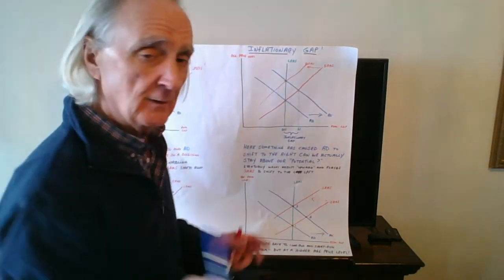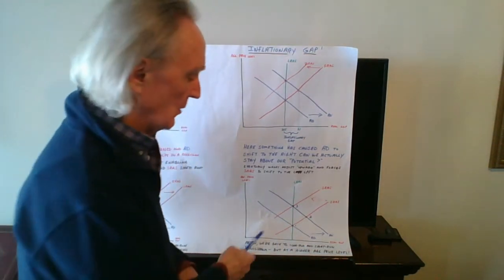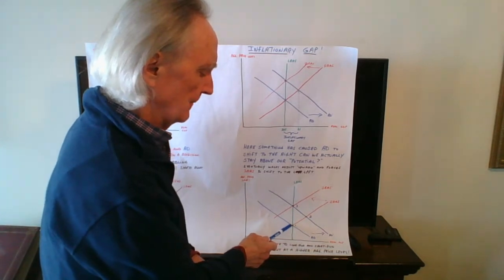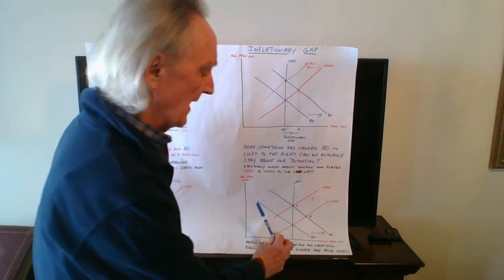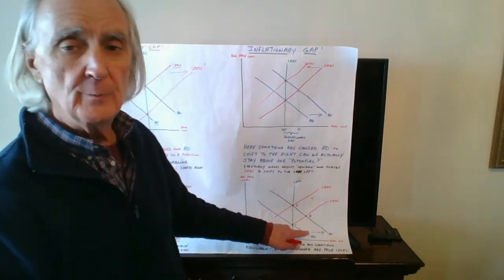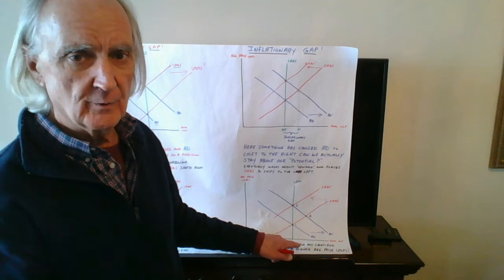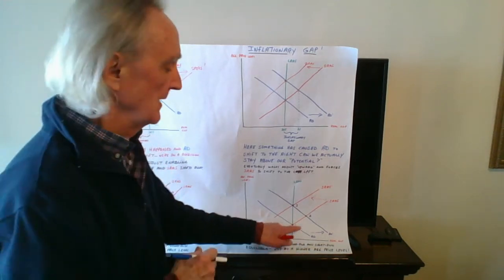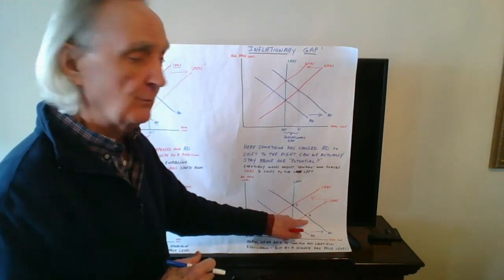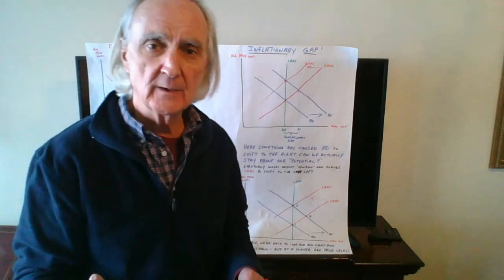So basically what we have is that 1, 2, 3. We started here at 1. Aggregate demand shifted over, bringing us to short-run equilibrium, but not short and long-run equilibrium. Everybody's working like mad, but can we sustain it?